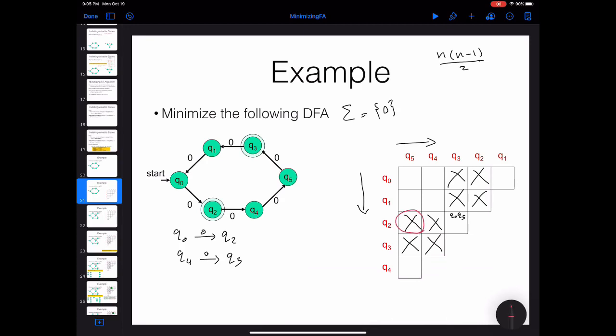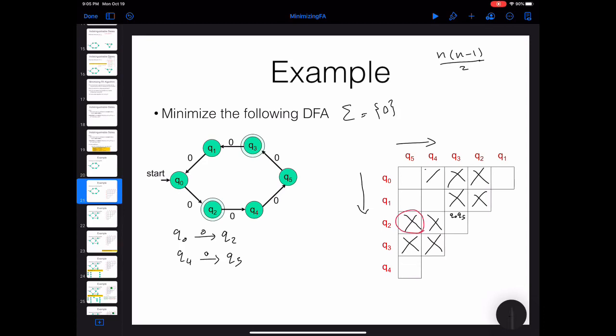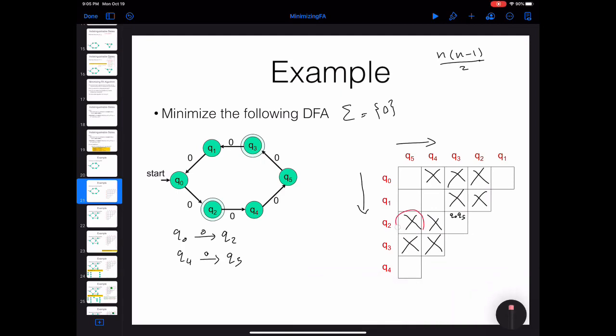I am going to refer to the table, and so far I already know Q2 and Q5 are distinguishable. They are not equivalent. So of course Q0 and Q4 cannot be equivalent as well. I'm going to just update the table and mark this cell. Let's do a cleanup.